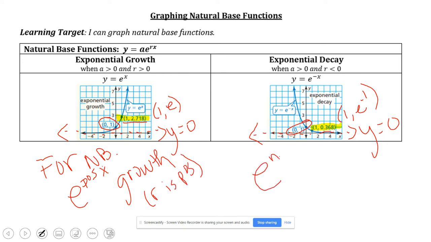And e to a negative x, or r is negative, will be decay. Otherwise, the domain, the range, the end behavior, asymptote, the fact that there are no x-intercepts for the parent natural base functions, all of that stuff is exactly the same.